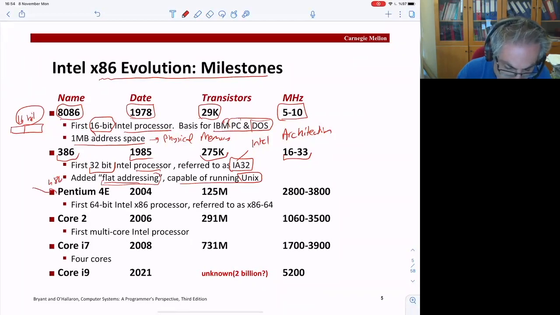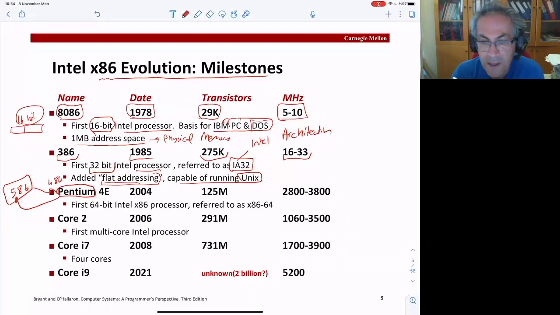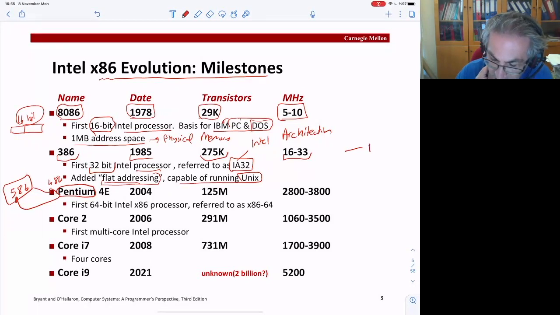After that, instead of going with 586, Intel called it Pentium. Pentium relates to the number 5. They were competing with other processors: when Intel was producing the 386, another manufacturer would say, I have a processor called the K386, and a new one, the K486.